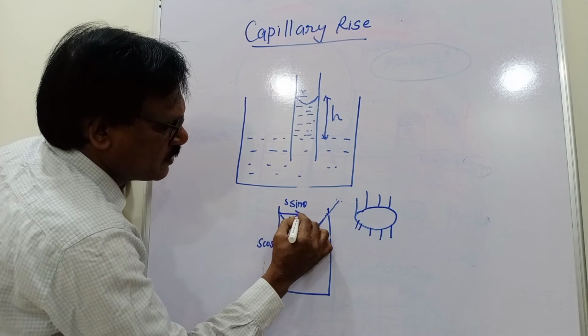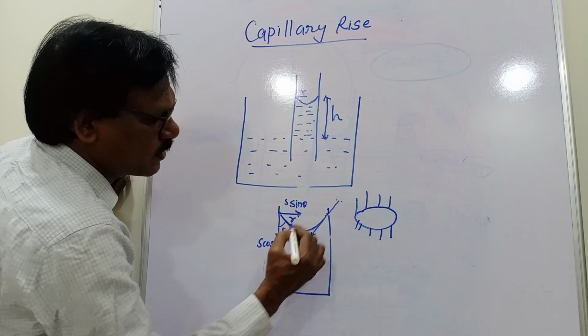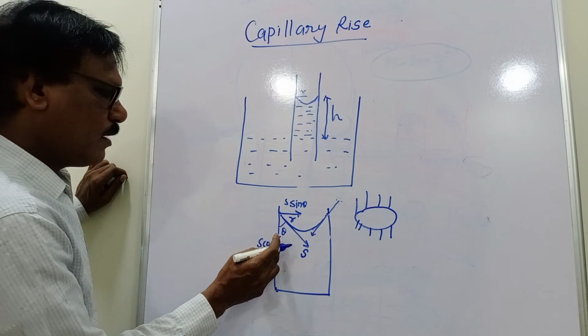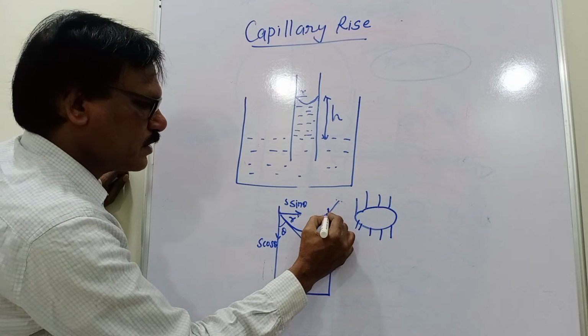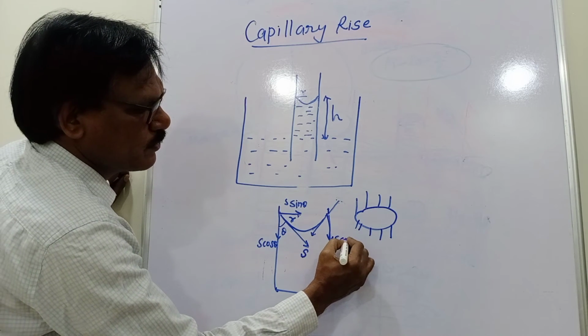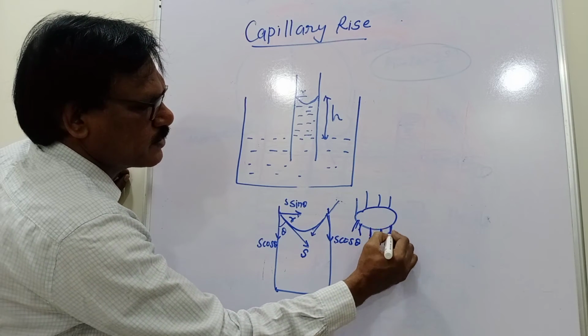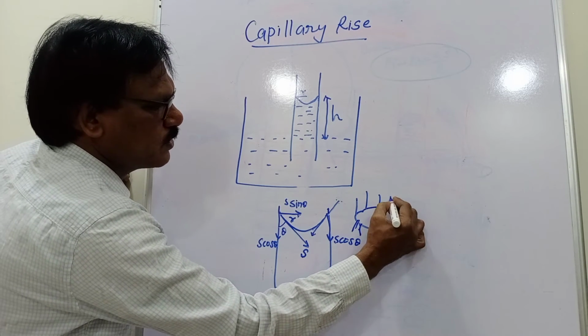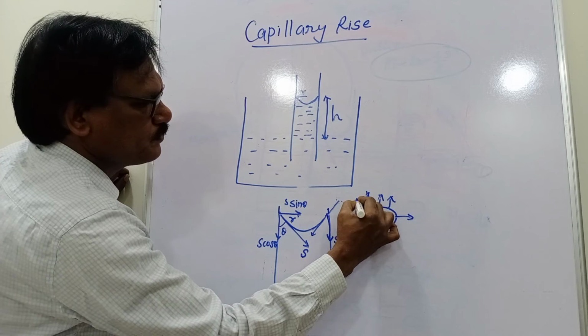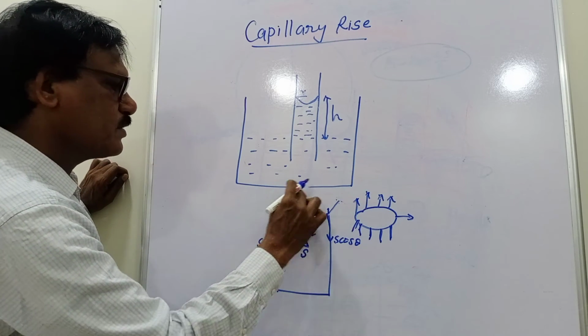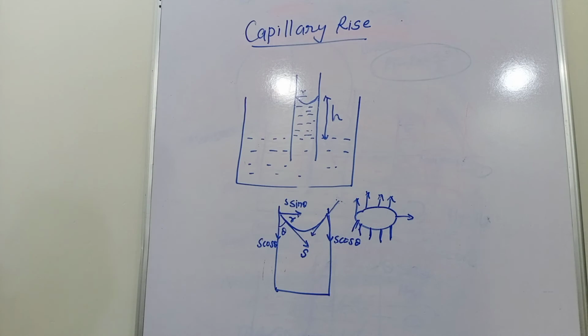So इसका जो S sin theta रहेगा, इसका भी S sin theta को कट कर देगा. अब ये जो एरो है S cos theta, it is acting on this side. Now S cos theta will act like this, if we take this complete circumference of radius r.